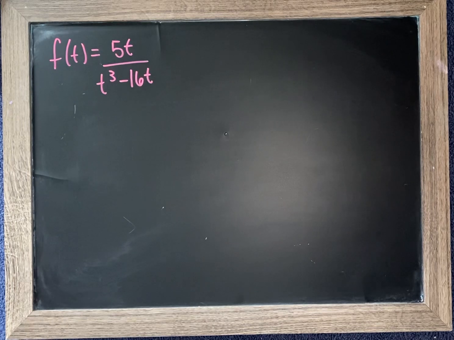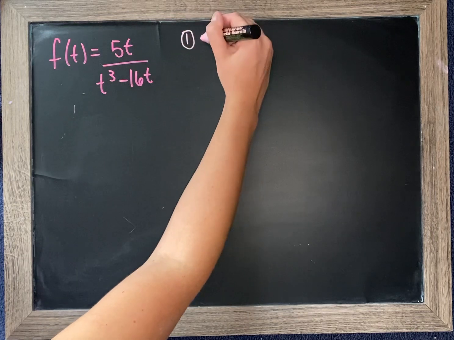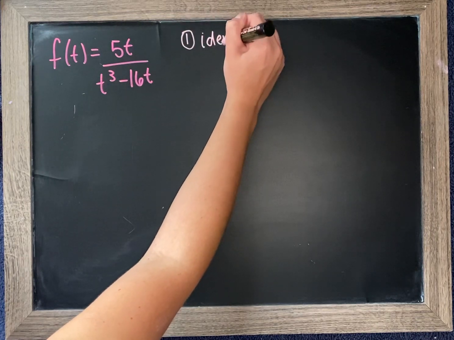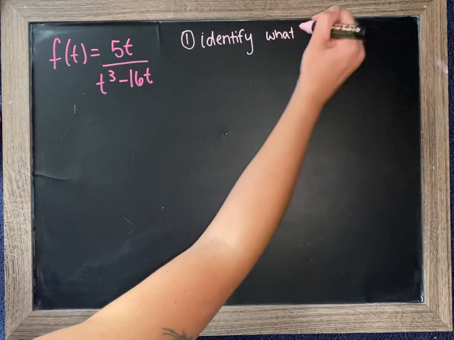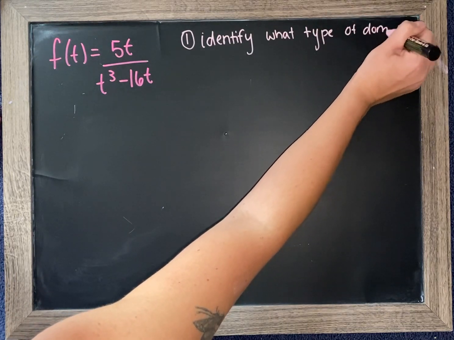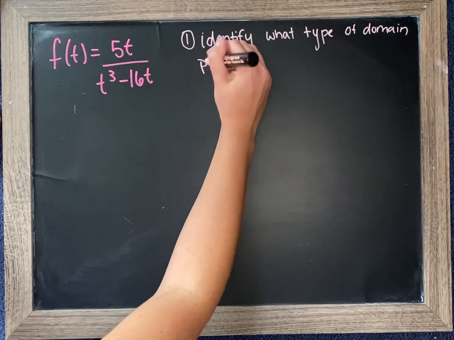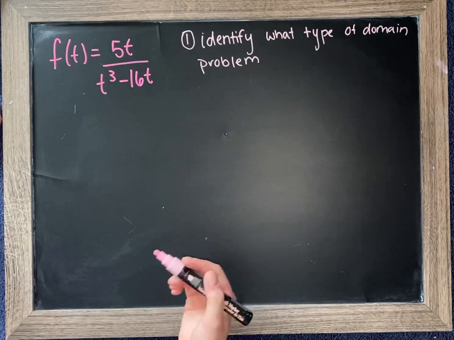So the first thing that I recommend doing, especially if you have those rules that I talked about in the last video memorized, or if you're familiar with those, is, for step one, just basically identifying what type of domain problem this is, meaning out of all 5 of them, which type this is.